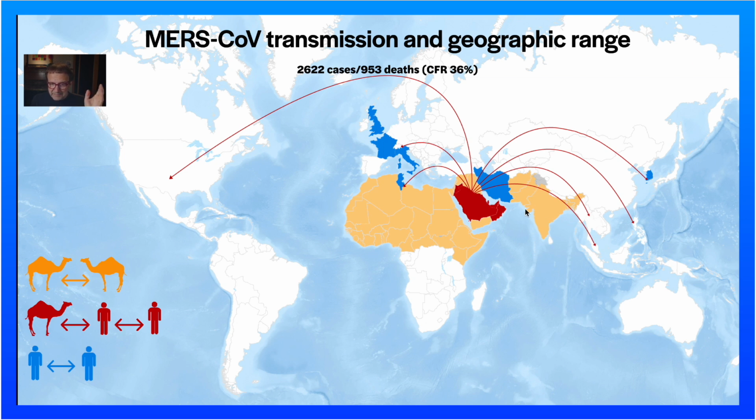But the transmission from camels to humans, and limited human-to-human transmission, is largely in the Arabian Peninsula. And these red lines are exported cases to different countries. People who were visiting the Arabian Peninsula got infected and then went on elsewhere. There's no local acquisition of this virus, say in the U.S. or in different parts of Europe.